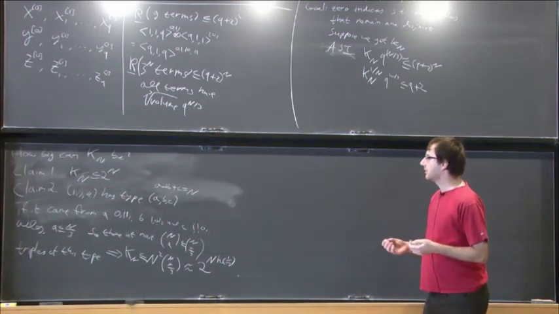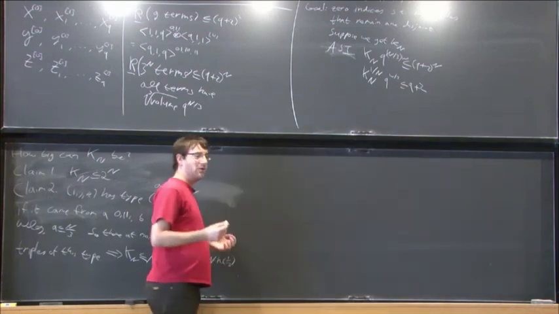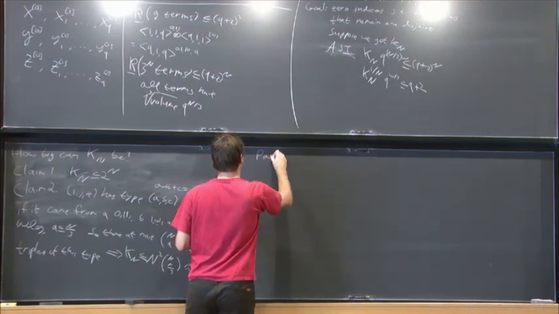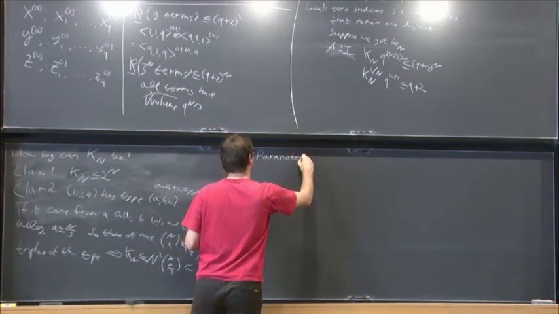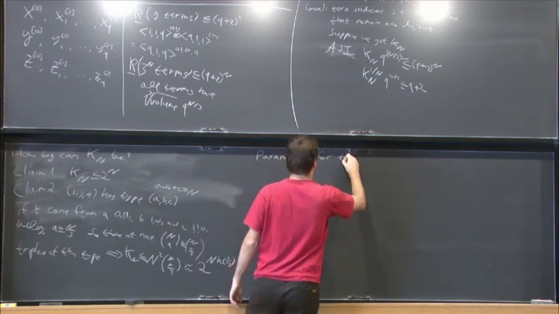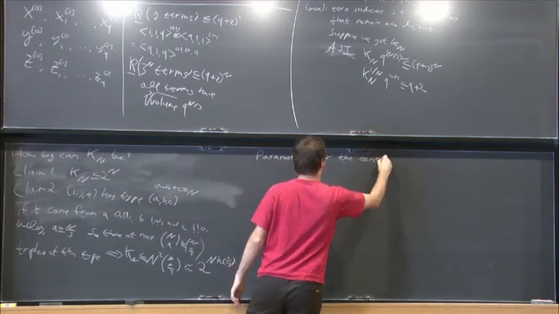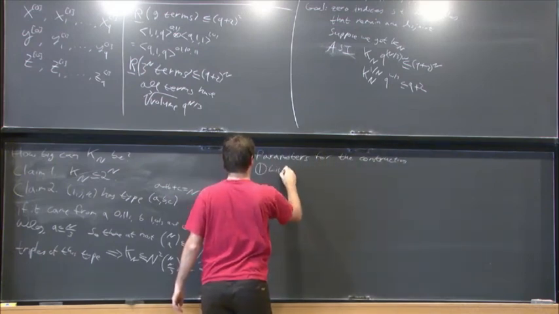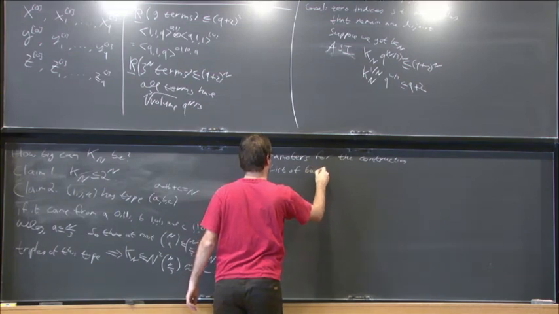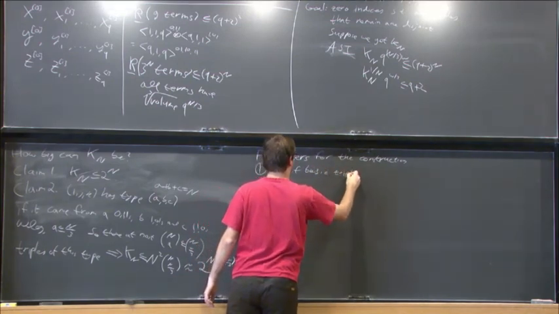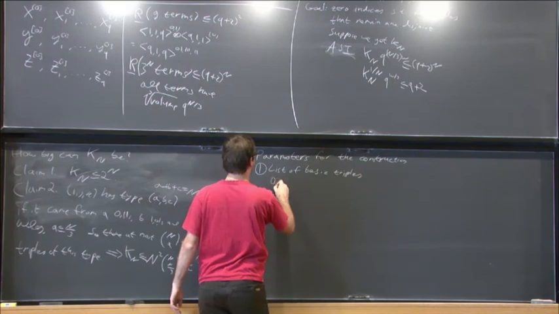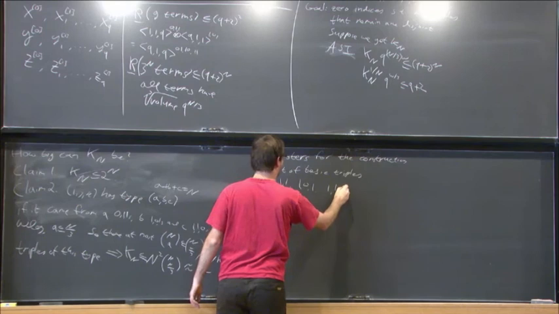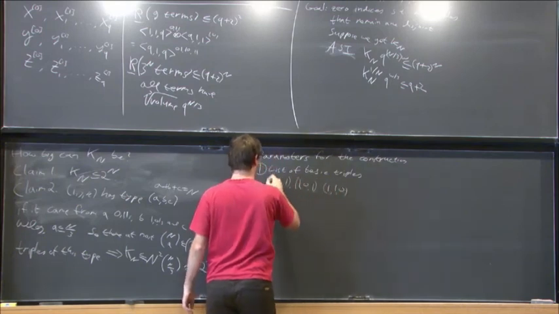Okay, so now the construction, and this is really the surprising bit. We'll do it in more generality. The parameters for the construction: one is a list of basic triples. In this case, it's 0,1,1, 1,0,1, and 1,1,0.